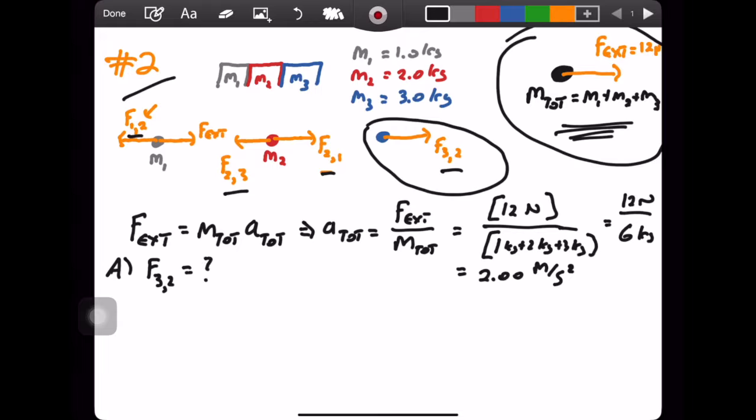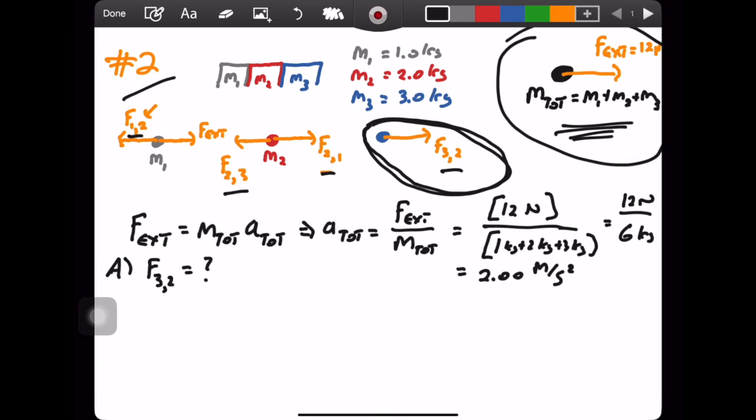Again, the nomenclature. The first index is the force of the object being acted upon. The second is the object acting upon that object. So what is F32? So if I go back to this picture right here, I just got a single force going to the right, and that's going to be equal to the mass, which in this case is M3, which is 3 kilograms, and the acceleration.